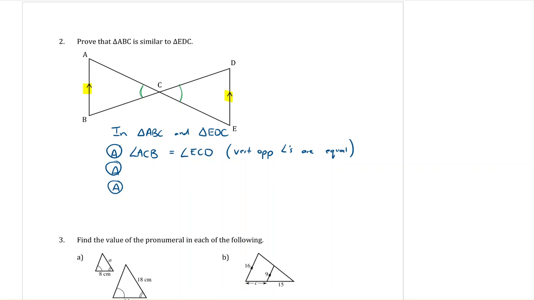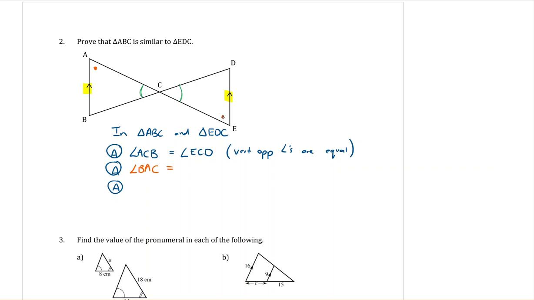Okay, I still need 2 more sets of angles here. What else? Okay, let's start with maybe this one up here. So that's going to be BAC. It's going to be equal to which one? DEC. Yes, correct.